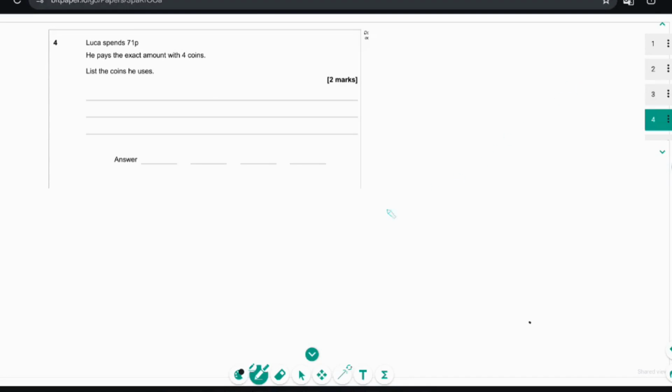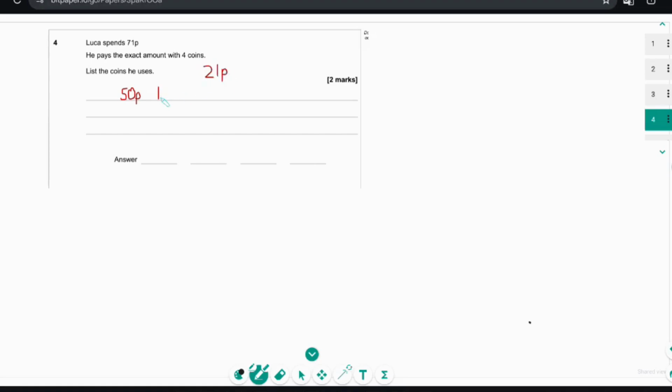Question 4. Luca spends 71p. He pays the exact amount with 4 coins. List the coins he uses. Okay, so I'm just going to do a bit of trial and error here. Let's start with a 50p. So we've used 1 coin. So we've got 3 more coins and we need to make 21p.